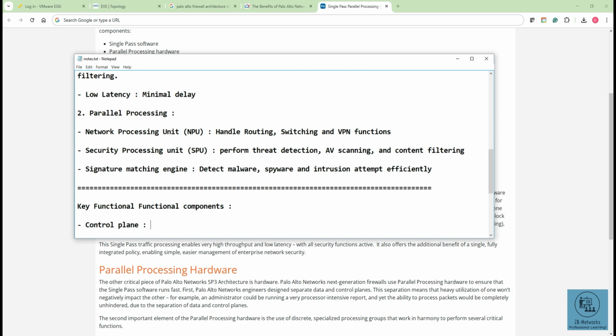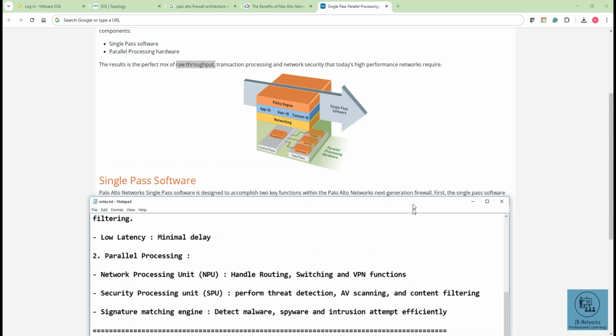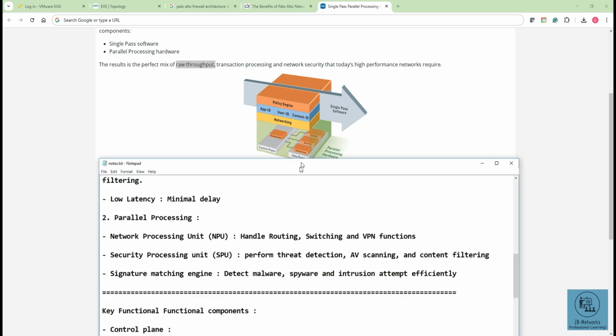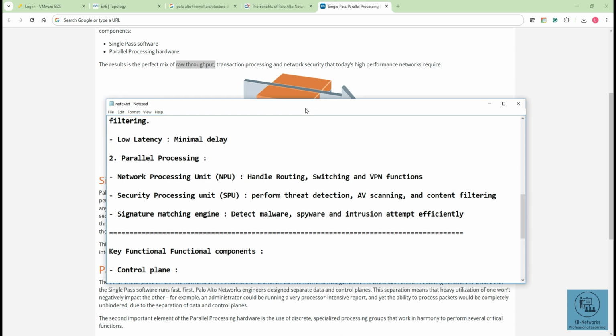As you have seen in this diagram, you have a specific control plane and a specific data plane. The control plane handles any sort of management and configuration task.